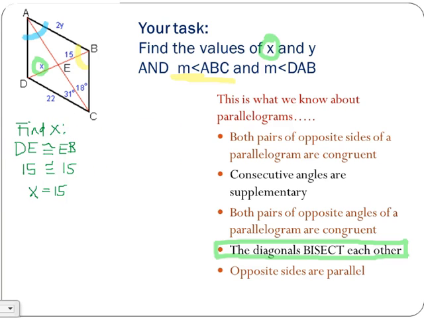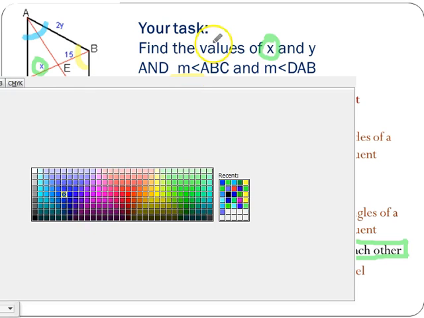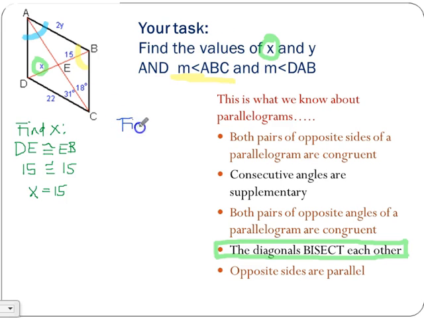Now we need to find the value of y. That's our next task. Find y. So y is involved with the length of A to B. So what do we know about the opposite sides of parallelograms?